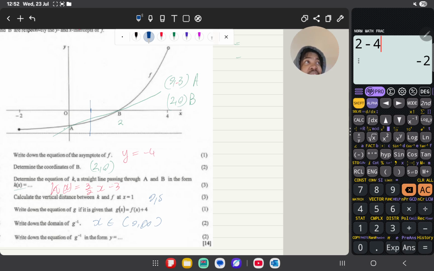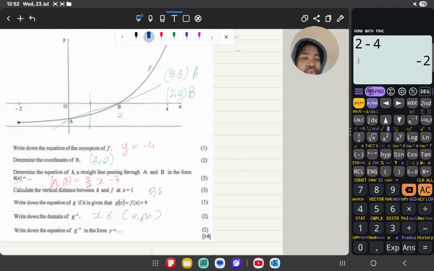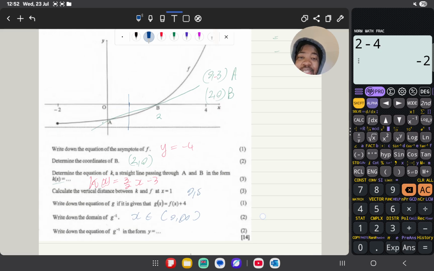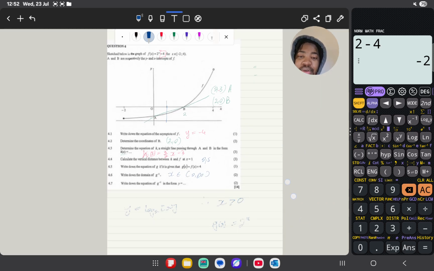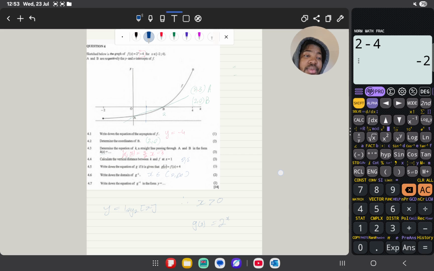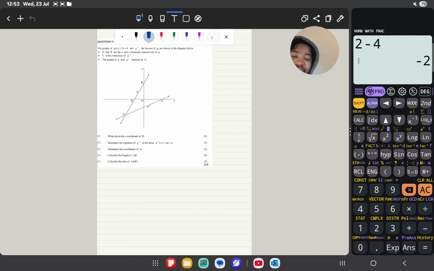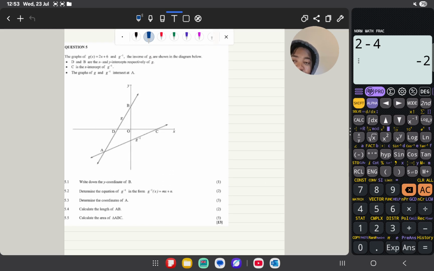Now when we find the inverse, the domain and the range change. What was the range becomes the domain, and what was the domain becomes the range. I'm saying that was perhaps the idea for number 6. Cool stuff, we did this in like 11 minutes. 14 marks, 11 minutes. That is cool.